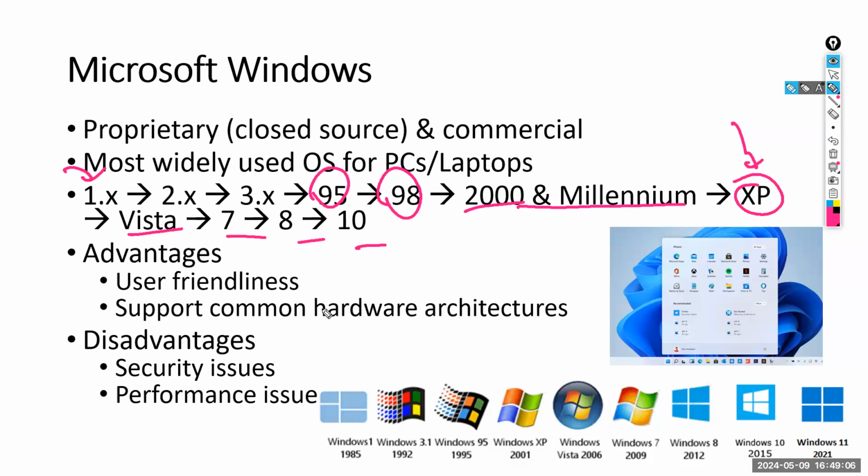Another very important point is Windows OS works on a lot of hardware. But Mac OS runs only on Mac computers, while most computers support Windows OS. And a lot of user friendliness is there.